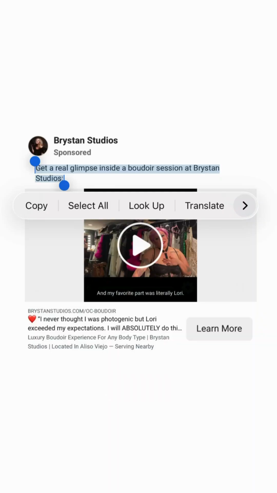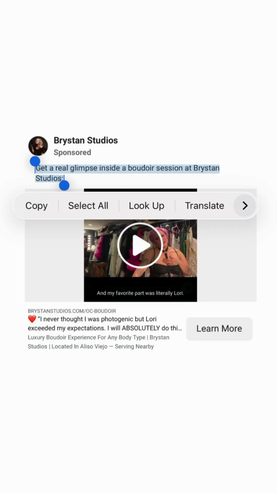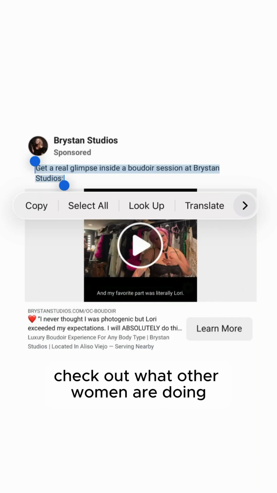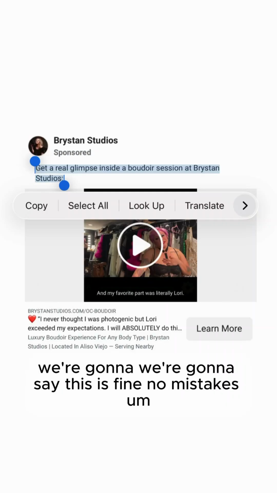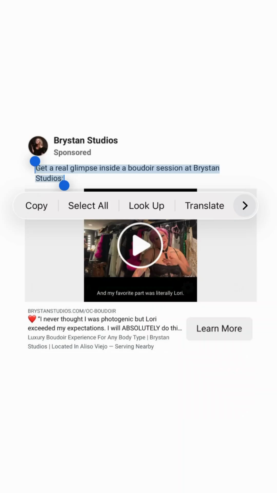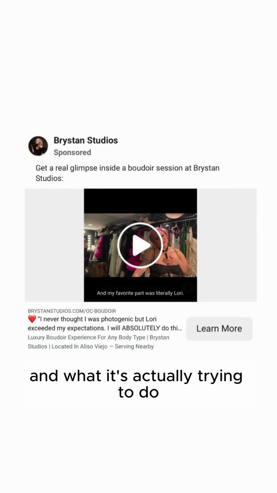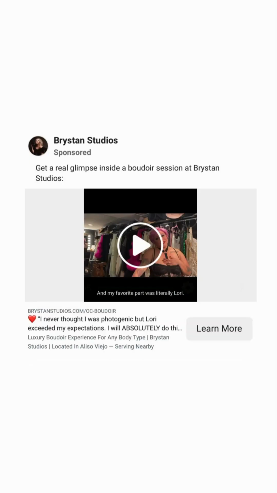I mean, we're definitely lacking context, but it's basically saying, hey, check out what other women are doing. So, all right, we're going to say this is fine, no mistakes, simply because of the way this ad is set up and what it's actually trying to do. So the one big thing I'm seeing is the below creative cluster mistake.